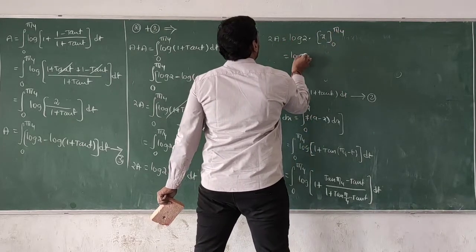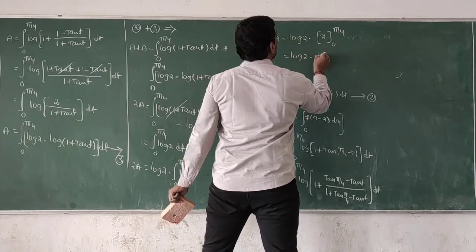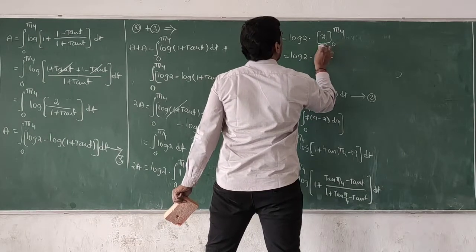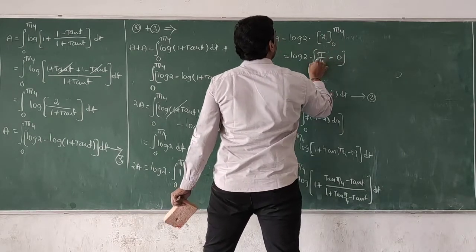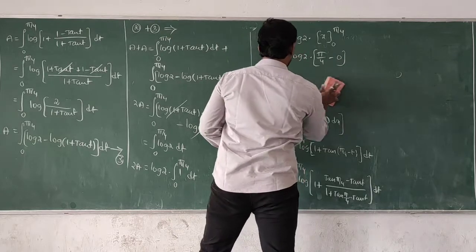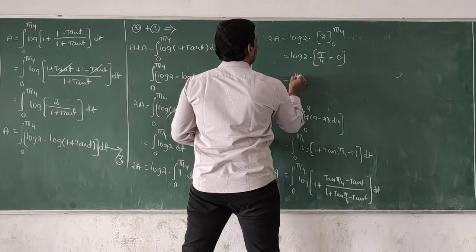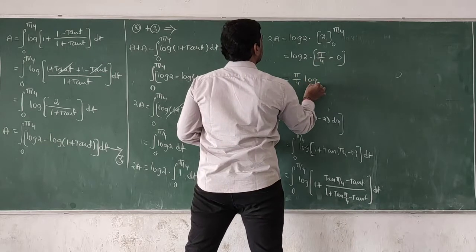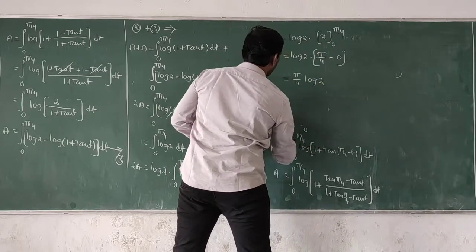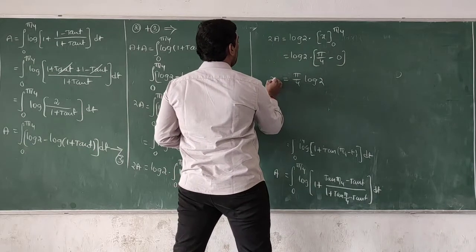So log 2 into first substitute pi by 4 upper limit minus lower limit, pi by 4 minus 0. Okay. So log 2 pi by 4, pi by 4 log 2, 2a equal.